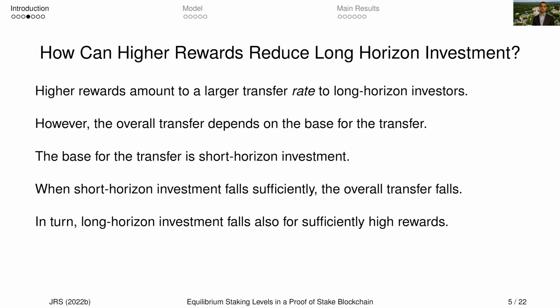The short horizon investors are the ones who are being taxed at some rate, and the total amount of that tax revenue is being transferred to long horizon investors. So the fact that you raise the tax rate doesn't imply that you're going to increase the tax revenue. It just implies that you're going to increase the tax rate.